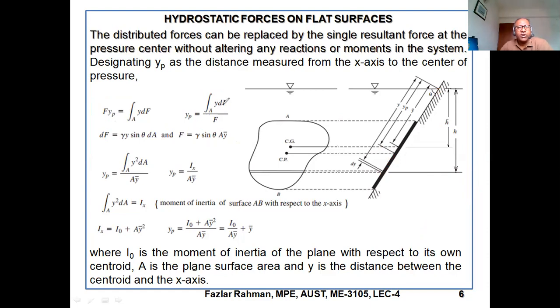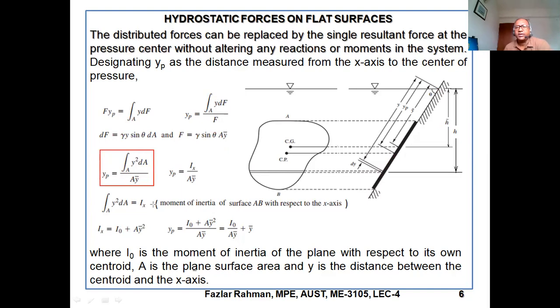So on the top side, Y into dF, right? You see, the sine theta will cancel out, then the gamma will cancel out. In the bottom, you will have a y bar. In the top, there is a y right over here, and one more y right over here. So you get the integral of y square dA.